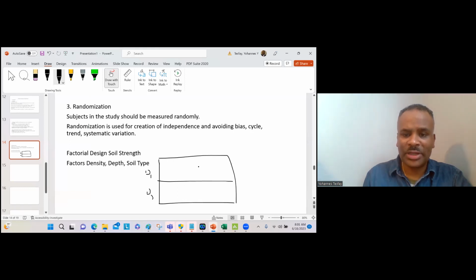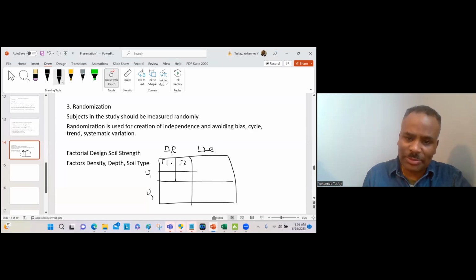Then I'm going to classify by depth: depth 1, depth 2, and so forth. And soil type, I'm going to classify it into soil type 1, soil type 2, just like that.